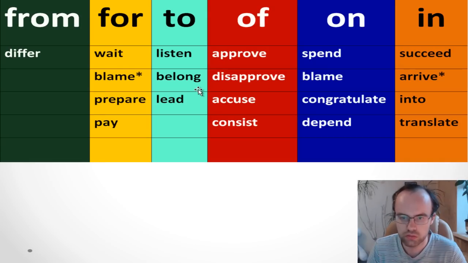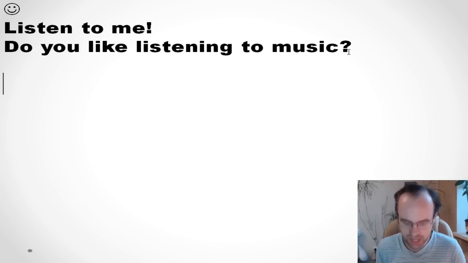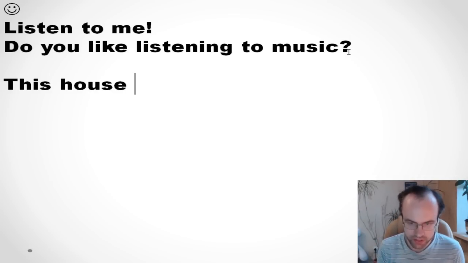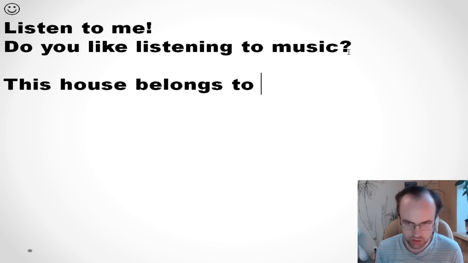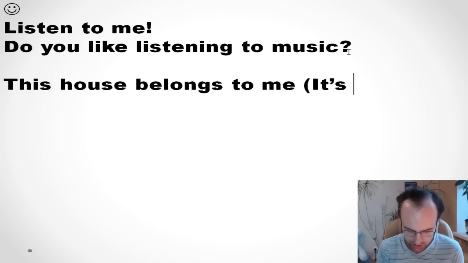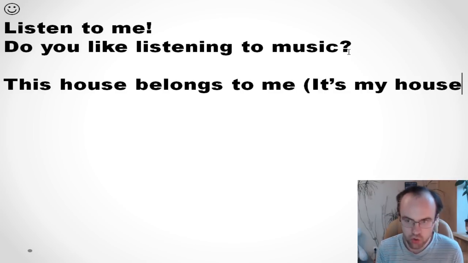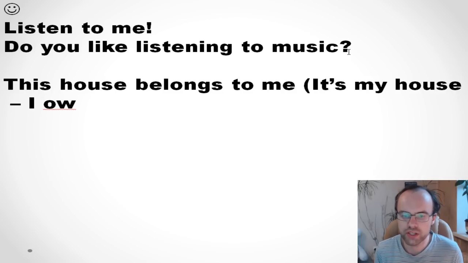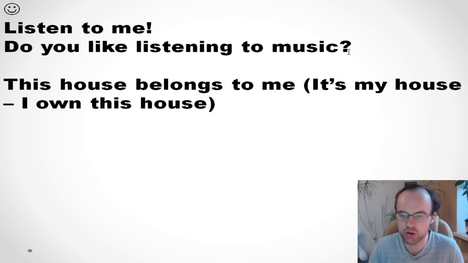Belong to and lead to. This house belongs to me. If I say this house belongs to me, it means it's my house. Or I own. You know that actually own is a verb too. I own this house. It belongs to me.